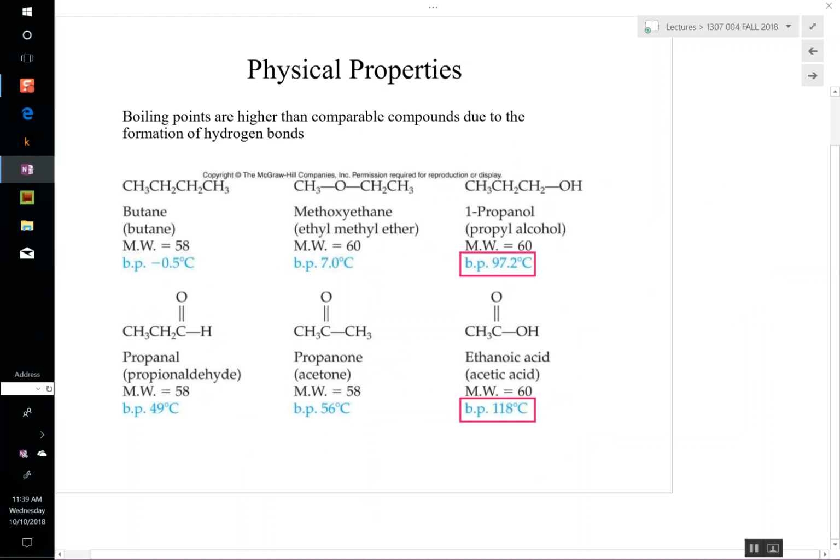So this is attraction between molecules. Here's our comparison. We're looking at alkanes, at comparable molecular weights.